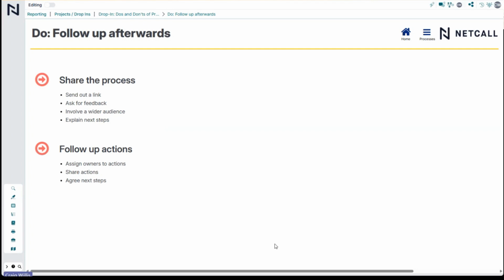And then if you have captured any actions, so if you did have to time out during the workshop because of a conversation that was going off track, or you agreed specific actions to be done, or a common one that I see is that a question comes up and no one really understands how a particular part of the process works or what output is expected at some point.